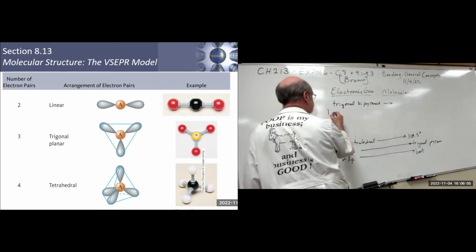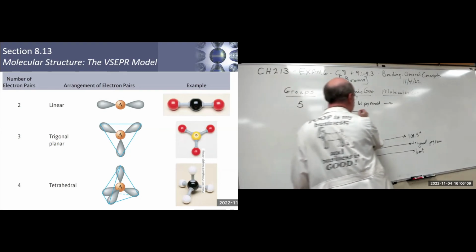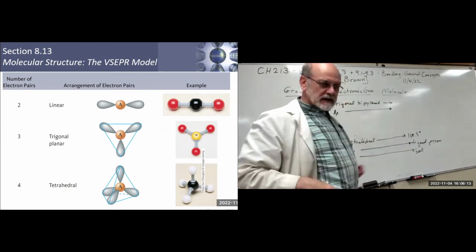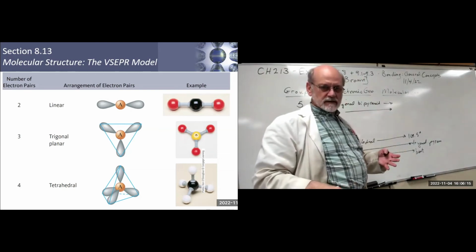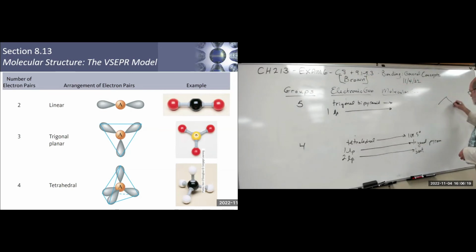If there's one missing, one lone pair of electrons, what does that do to the geometry? Well, typically, if you draw your trigonal bipyramid, where is that lone pair going to go?